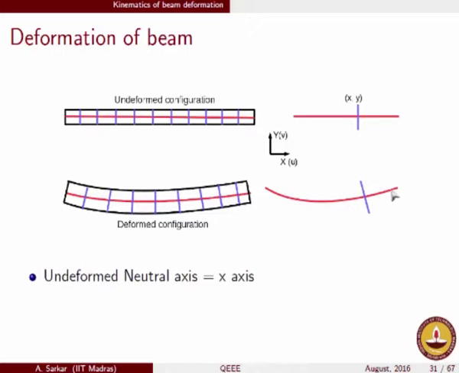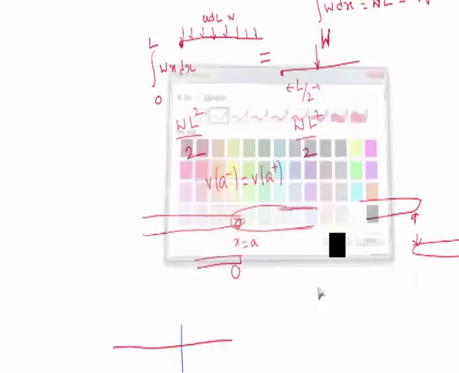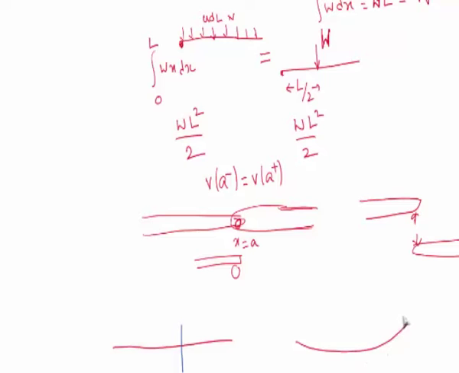Since the red line has become curved, now to ensure the fact that the blue line remains perpendicular, the blue line will tilt. I think I will draw this once more. So the neutral axis has to become curved. That part we have argued in detail.